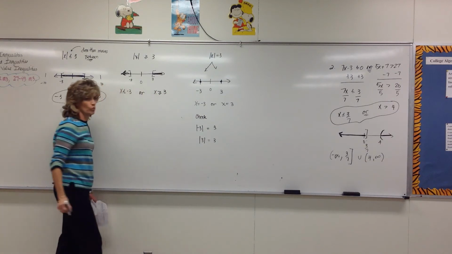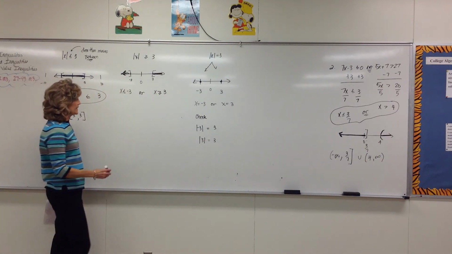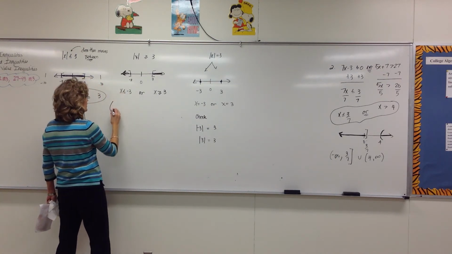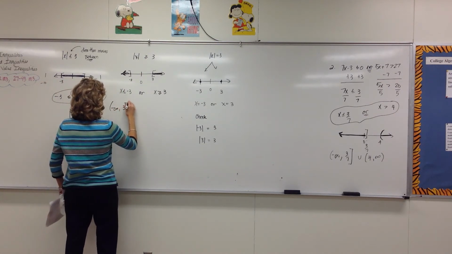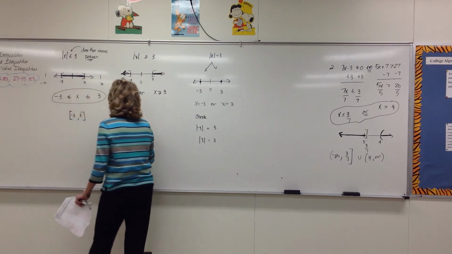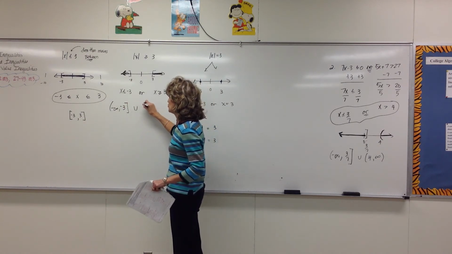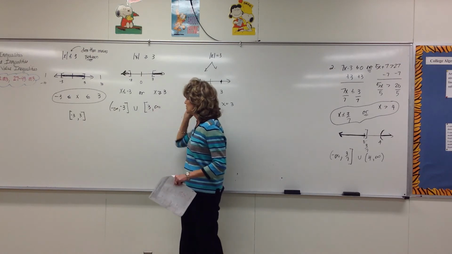You have to have an or. In interval notation, these are numbers that come from negative infinity up to and including -3. And then we join two solutions together, so union, from 3 to infinity.